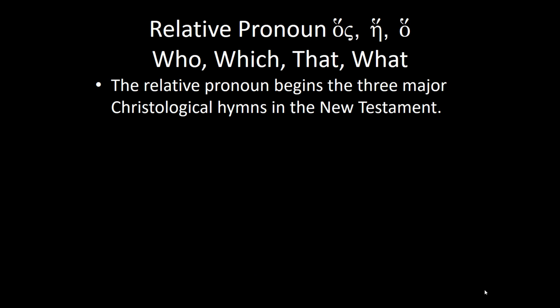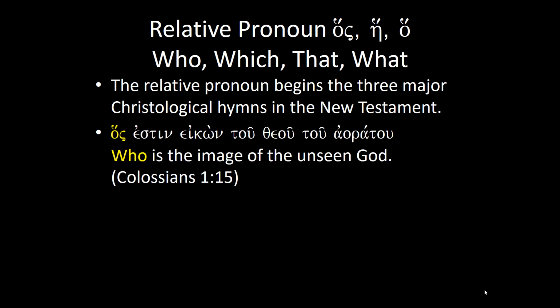You'll see this relative pronoun hos in some of the major Christological hymns in the New Testament. So if you see what appears to be a hymnic piece, a poetic piece, a very highly structured piece, sometimes the vocabulary will differ from its surrounding context, you may be dealing with a Christological hymn.